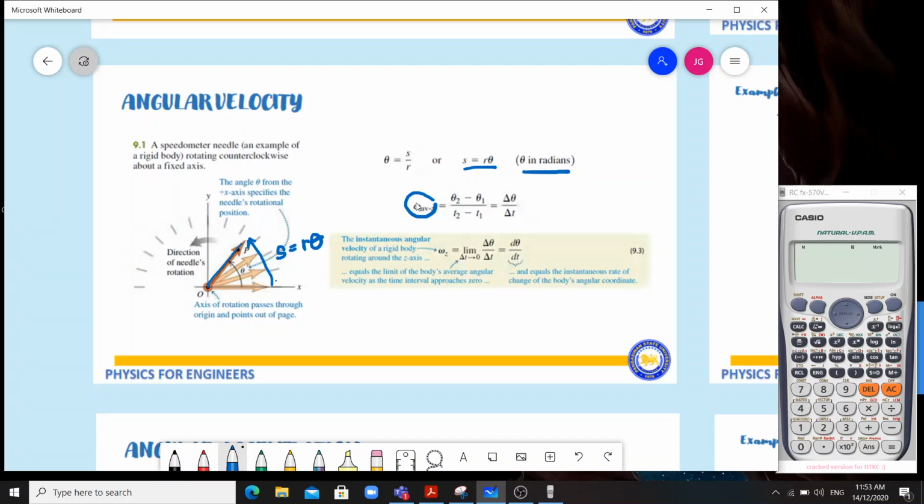The instantaneous angular velocity is the limit of delta theta over delta t as delta t approaches 0, or d theta over d time, the derivative of theta with respect to time. So omega is equivalent to d theta over dt. That is what angular velocity means, the velocity in terms of rotation.